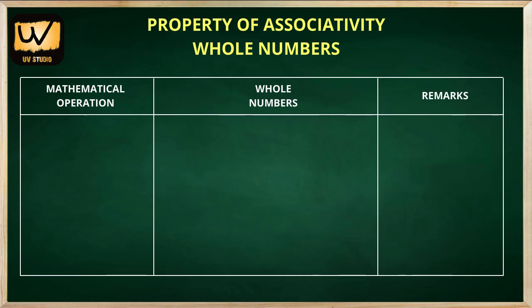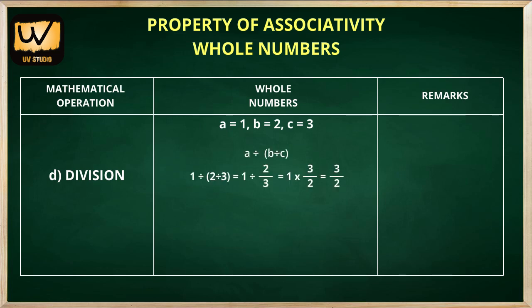Now the last mathematical operation, division. Values of A, B and C remain 1, 2 and 3 respectively. So 1 divided by into brackets 2 divided by 3 is equal to 1 divided by, can we write it as 2 upon 3? Yes, that becomes 1 multiplied by. When division becomes multiplication, 2 upon 3 will become 3 upon 2, that is reciprocal, and the multiplication finally is 3 upon 2.